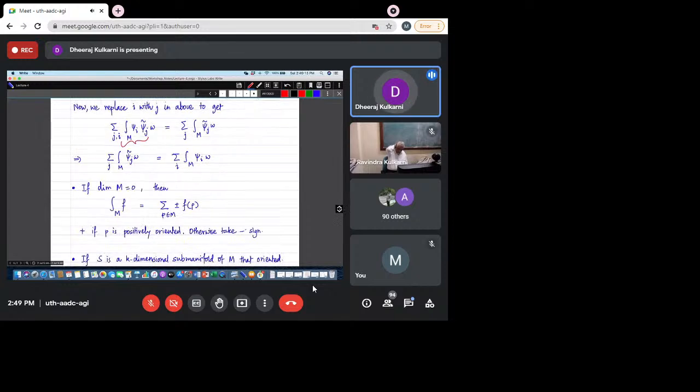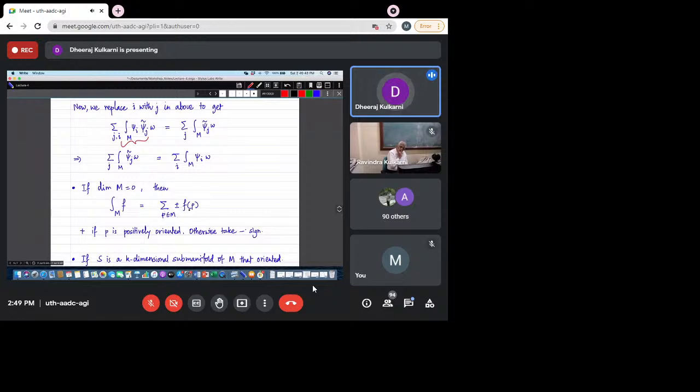Okay. So I would like to remark here that whenever the dimension of M is 0, that is, M is just a disjoint union of points, and M is oriented, yesterday we saw that on a zero dimensional manifold we can assign a plus or minus sign at every point. So then what is the integration of f on M? It is simply the sum of plus or minus f p.